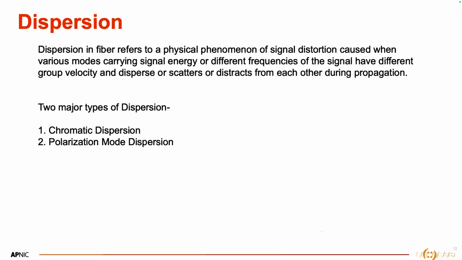So what is dispersion of light? Dispersion of light means a phenomenon of light where the shape of the light wave spreads and gets broadened and starts overlapping with the next one, right?